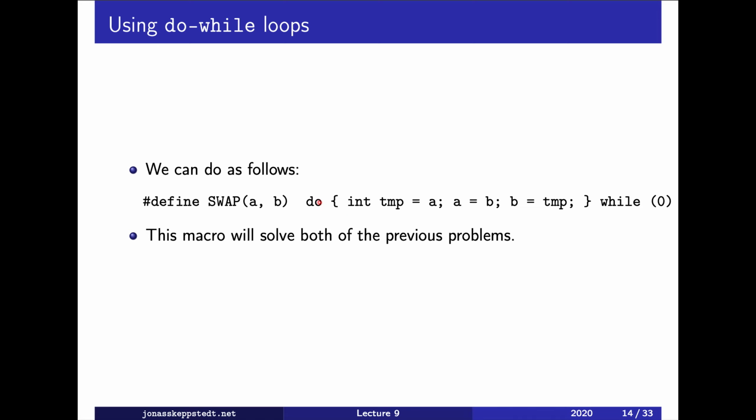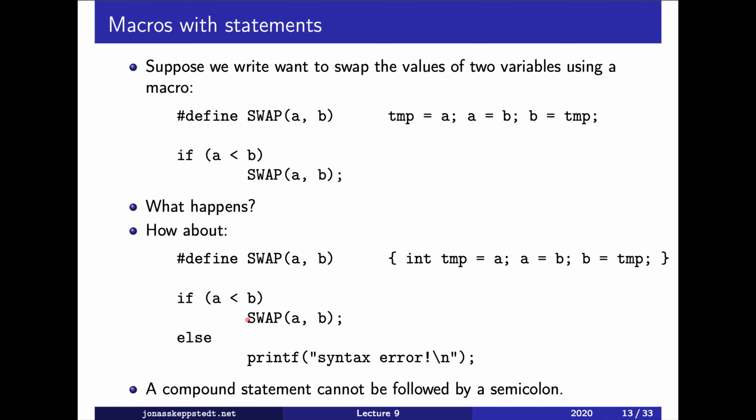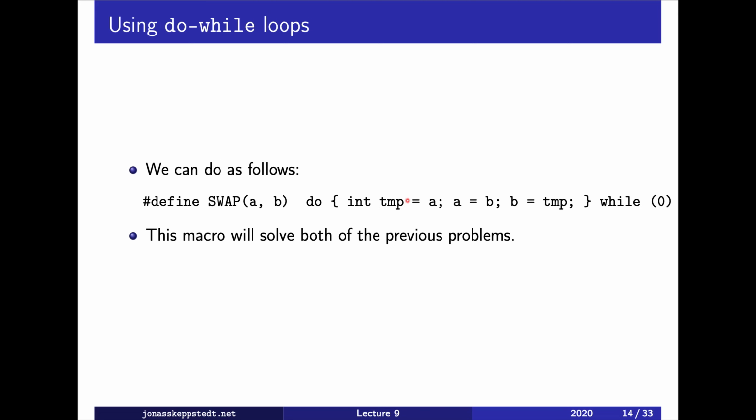So if we do while 0, then we can solve both of the previous problems, as you can check by putting it and expanding it here. It will not create a syntax error, okay, it behaves as you want. And of course we need to have 0 so that we don't loop there forever.